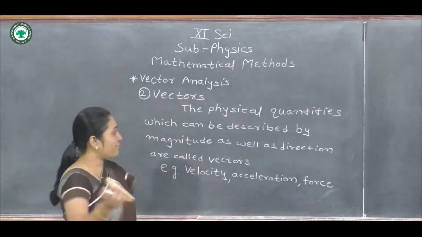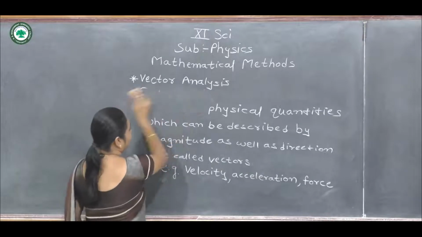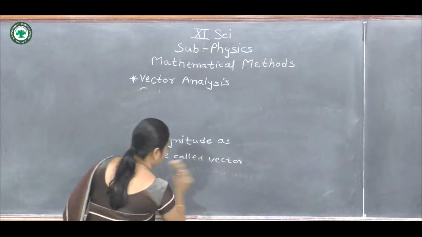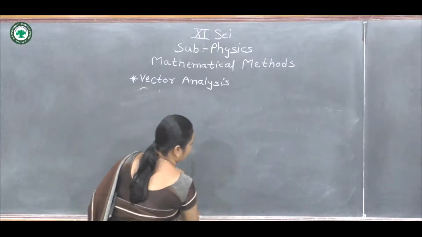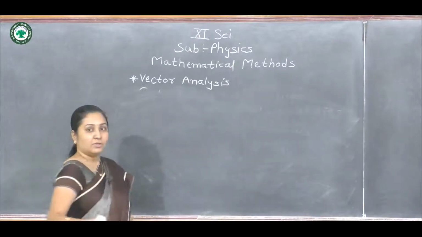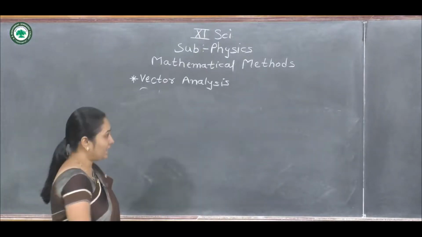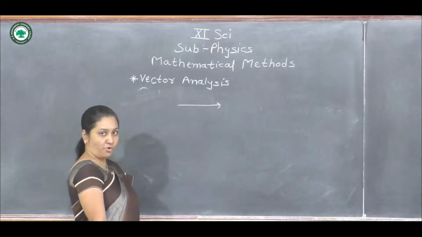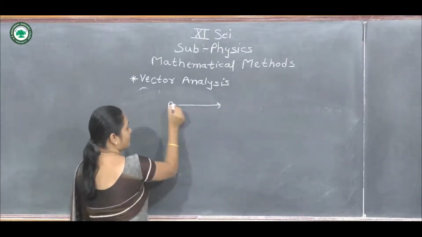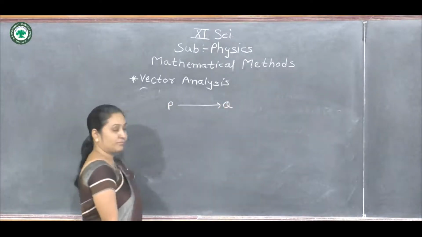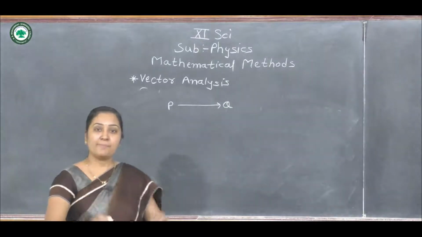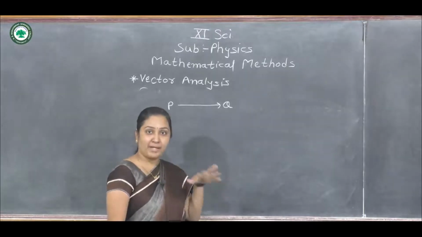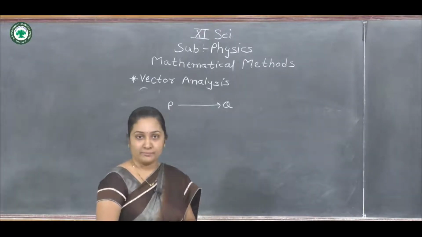So to represent a vector, we are considering that this is a vector. Suppose this vector is PQ. This vector is represented by a directed line segment or arrowhead.